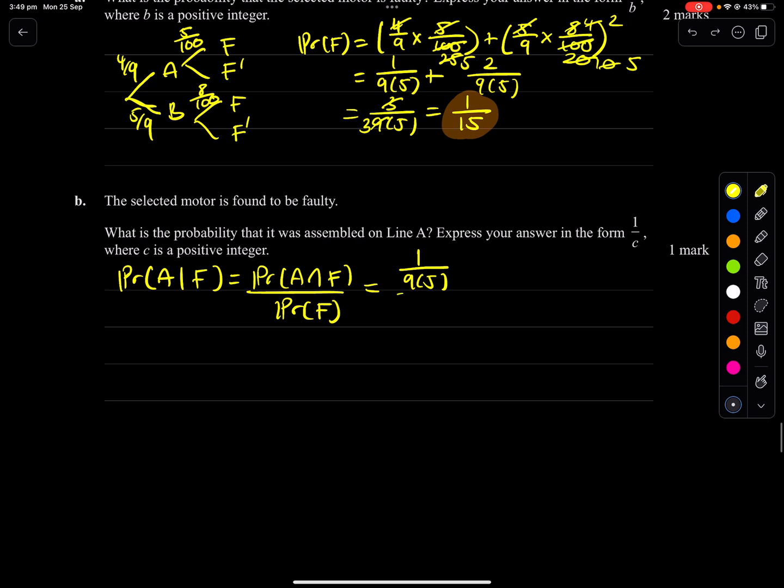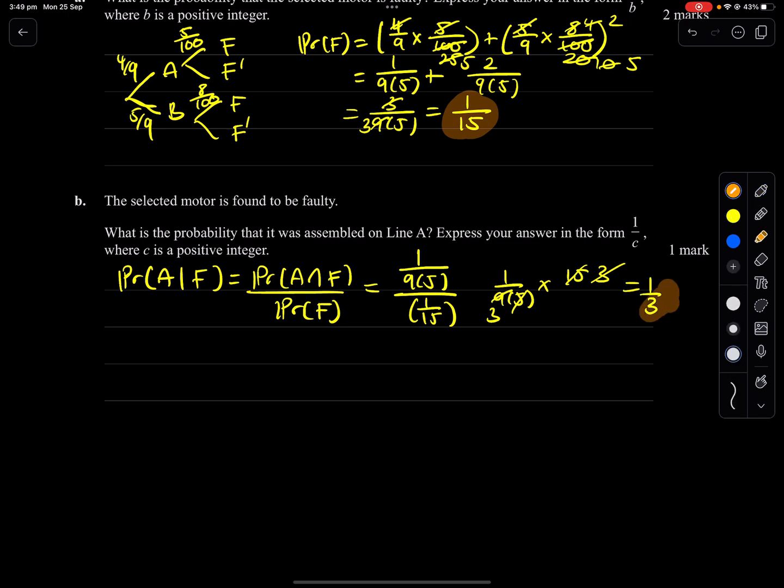And we're dividing it by the probability of faulty, which is just 1 over 15. So it's just 1 over 9, 5 times 15. This cancels out to 3 times, and this over here cancels out 3 times, so it'll become 1 on 3. Yeah, 1 on 3. It's in that form too.